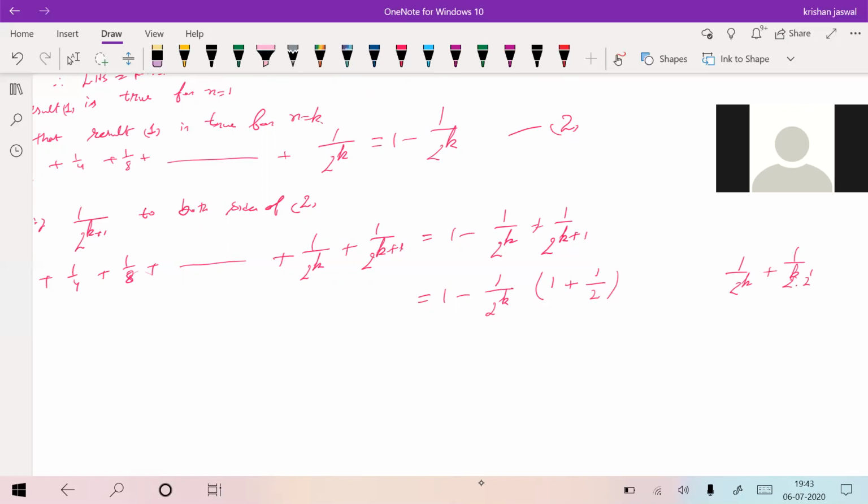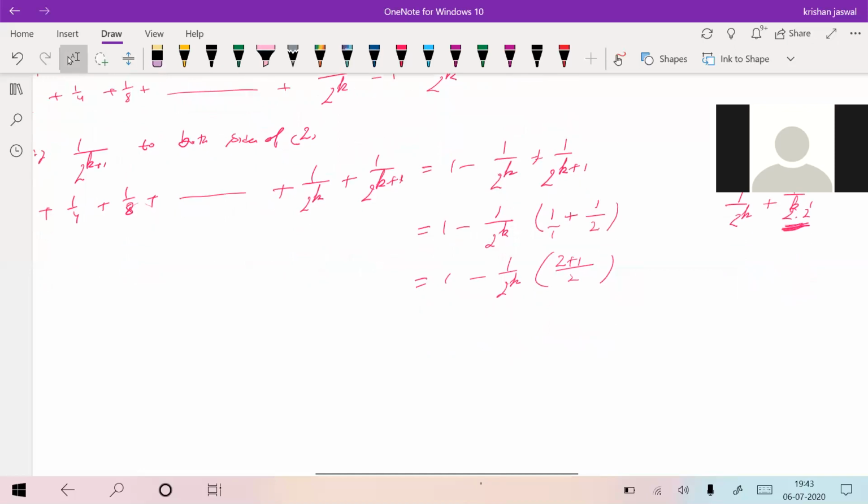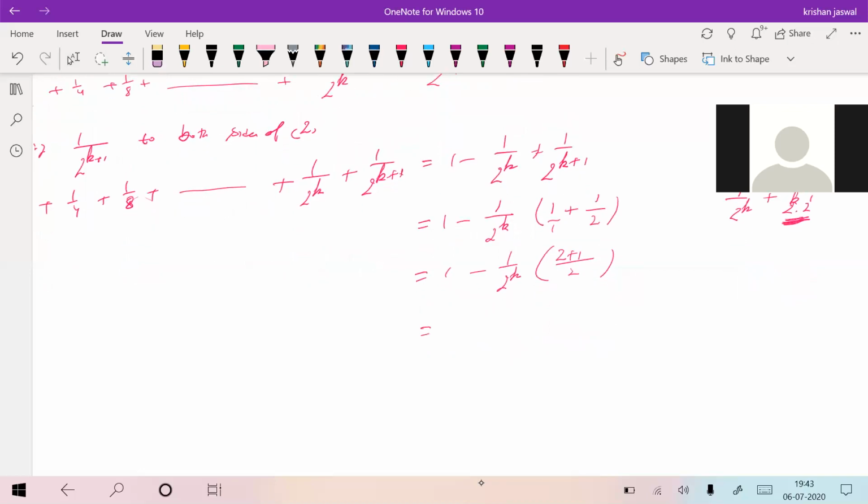When there is multiplication between two numbers with the same base, the powers are added. And 1 minus 1 over 2 power k, 2 is the LCM, 2 plus 1, 3 over 2, 1 minus 1 over 3 over 2 power k plus 1.